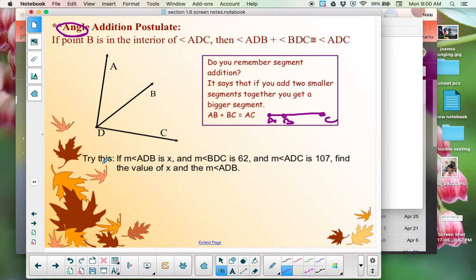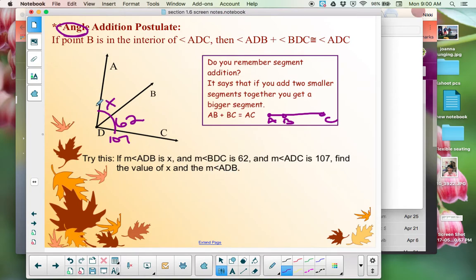How we're going to use that, for example, right here: if the measure of angle ADB is x, and I make the measure of angle BDC 62, and I make the measure of angle ADC 107, I want you to find the value of x and then the measure of ADB.